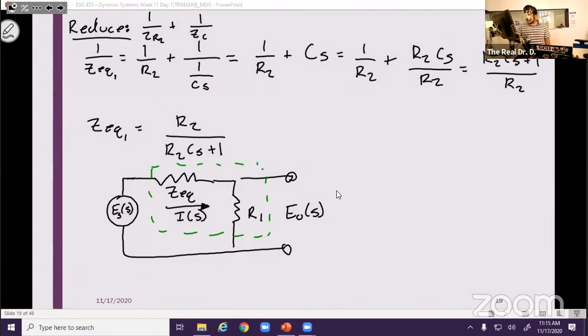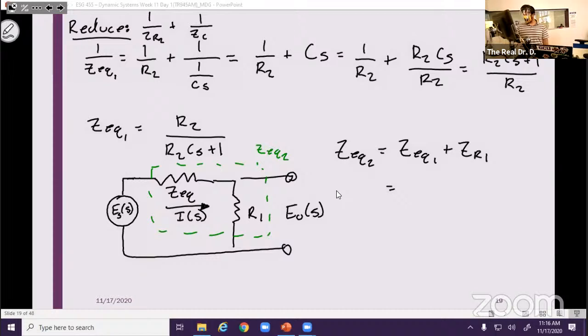So if I want to call this ZEQ2, well, these are in series, right? So this is just going to be ZEQ1 plus ZR1. Sorry, ZR1. I don't know why they labeled them 1 and 2 where they did, but that's fine.